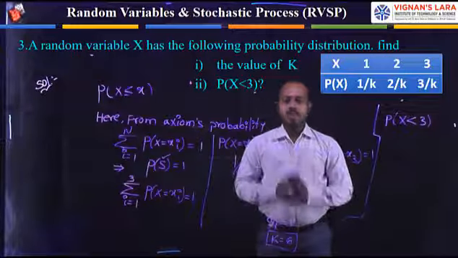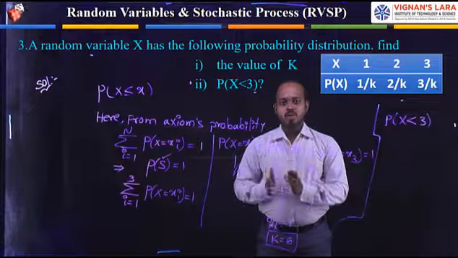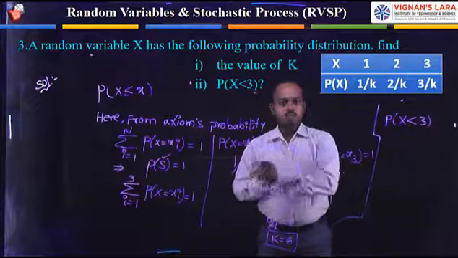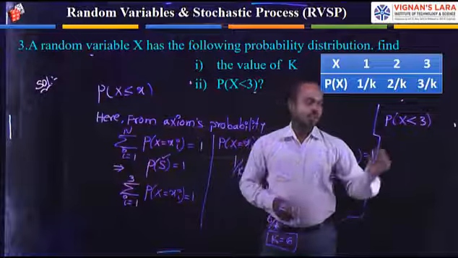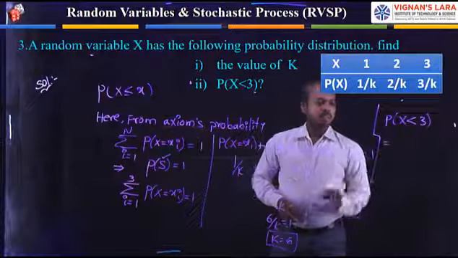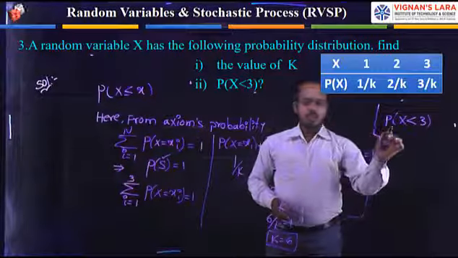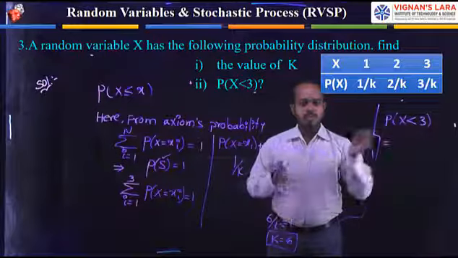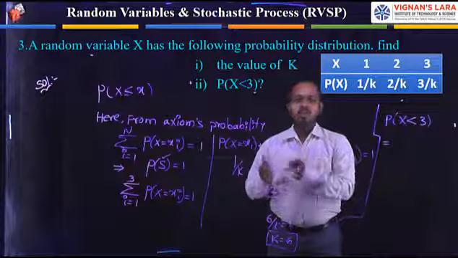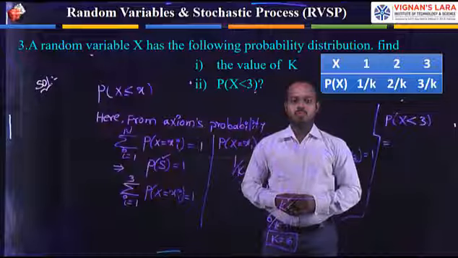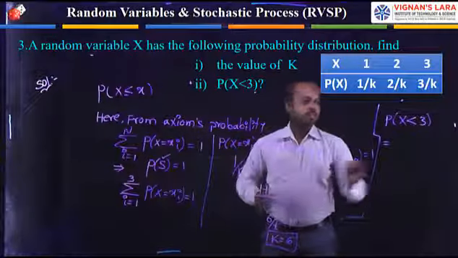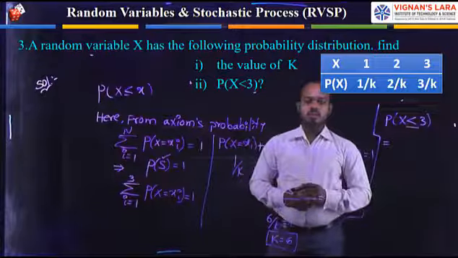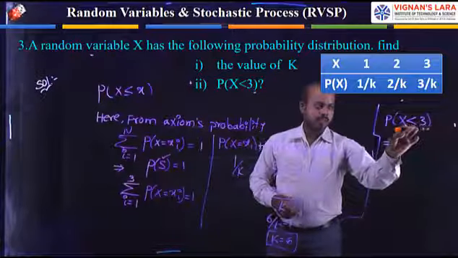In this given data, the only available values less than 3 are 1 and 2. That's why I am writing the expression for the probability of x less than 3. For the events less than 3, I am making the summation, because these are the events available according to the comparison condition.